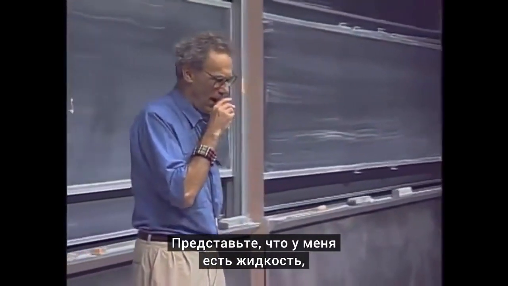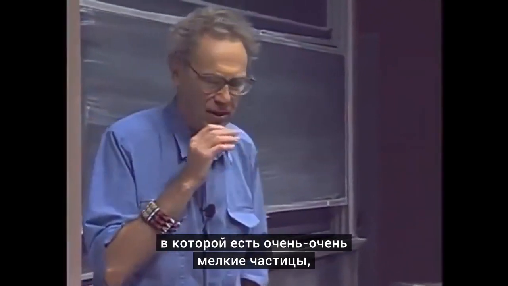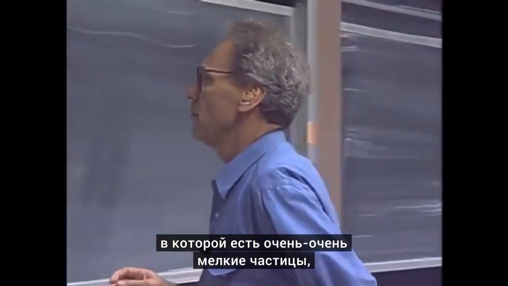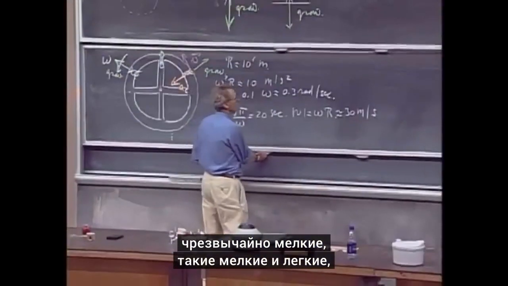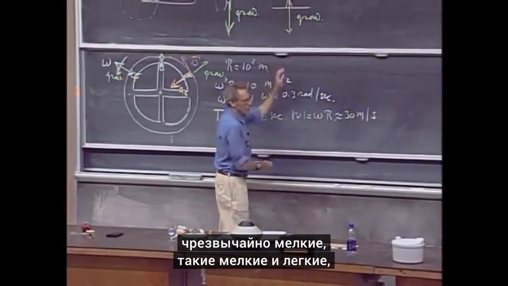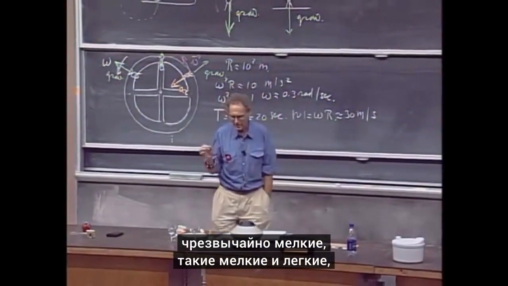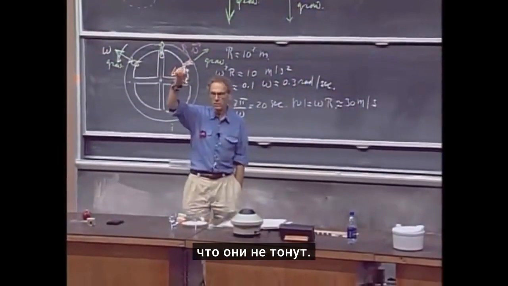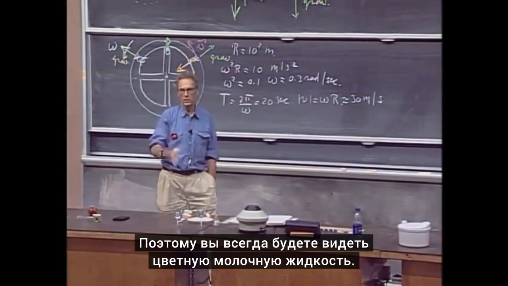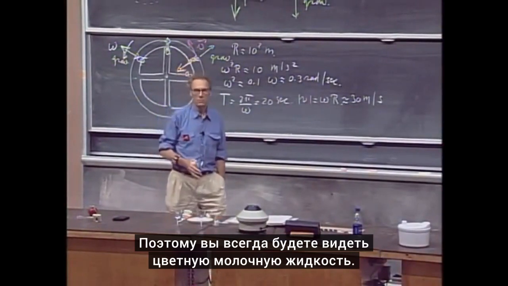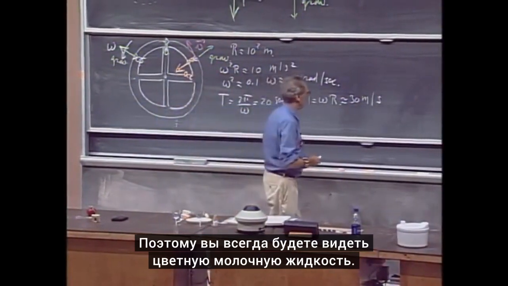Suppose I have a liquid which has very, very fine, small particles in it. Extremely small. So small and so light that they will not sink to the bottom. So you always see some colored, milky type liquid.